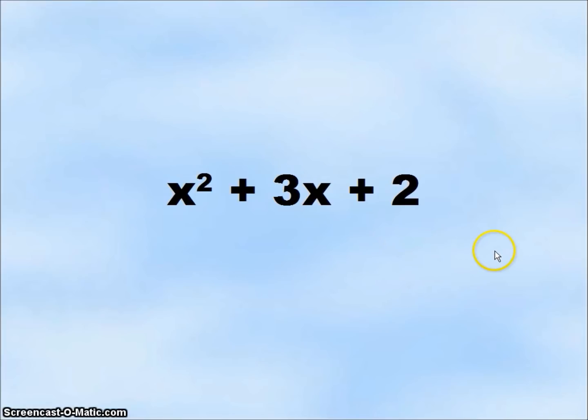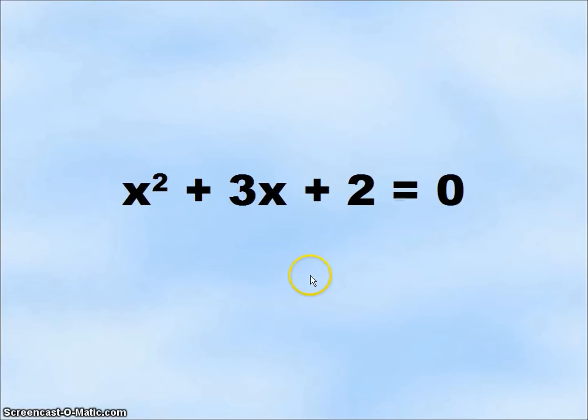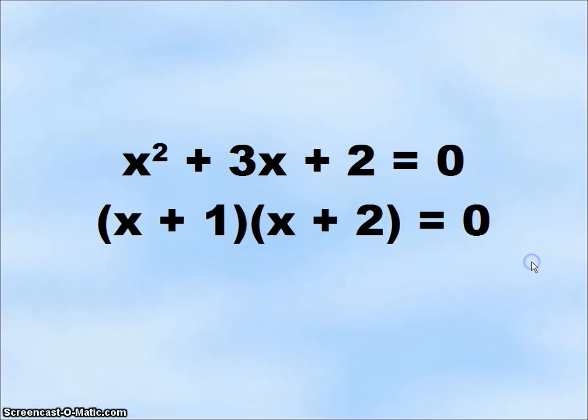That might seem familiar. That was our quadratic equation. So this guy and this guy are the same thing. Cool. Now I have something times something equals 0.